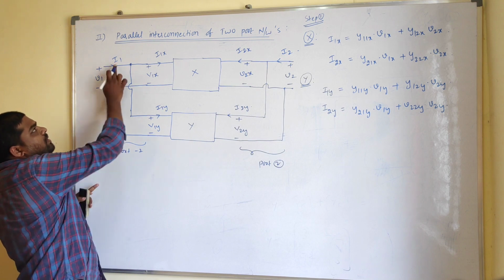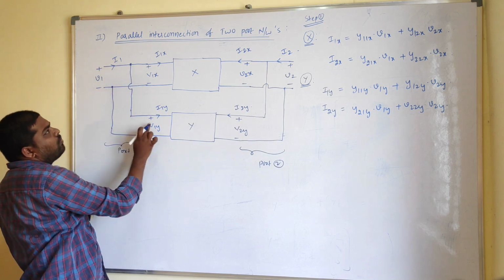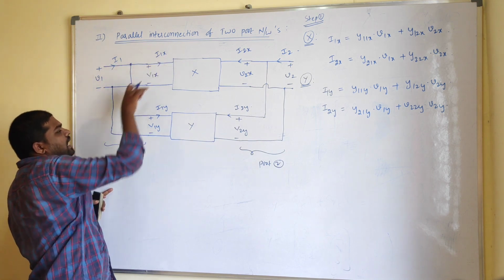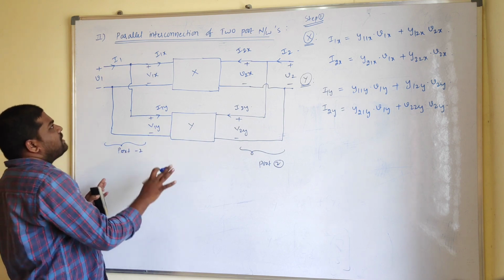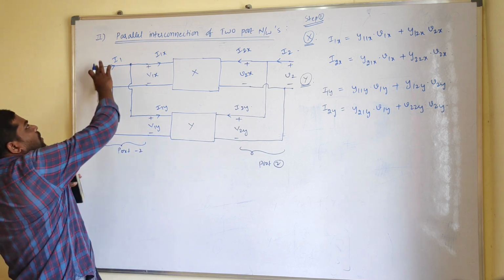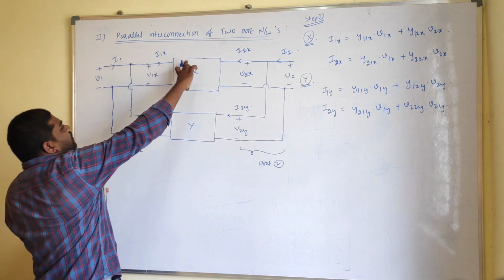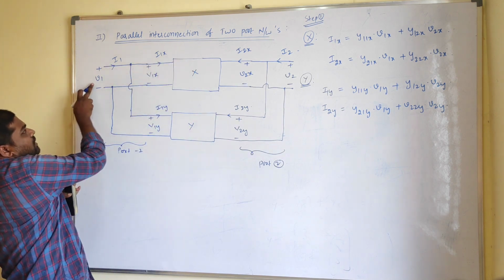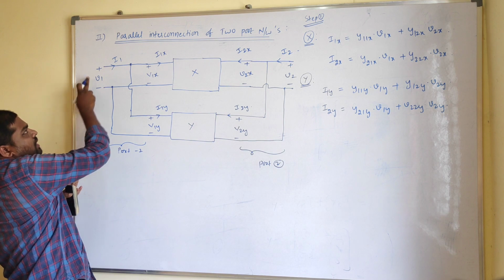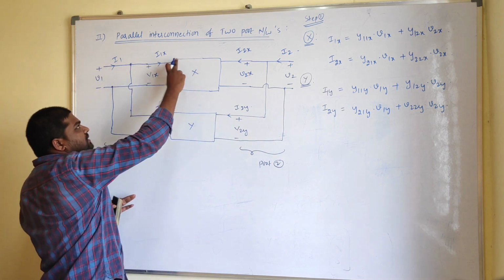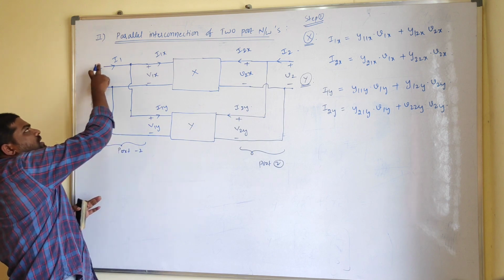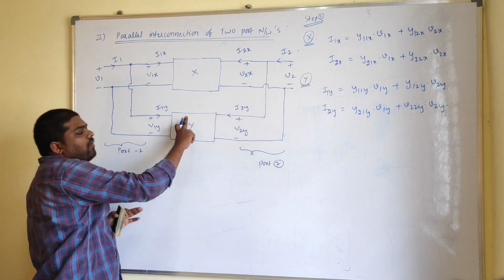That means this I1 can be divided into two parts: one towards X and another towards Y. Next, the voltage drop across this network: the voltage V1 is applied across the X two-port network, and the same voltage V1 is applied across the Y network also.